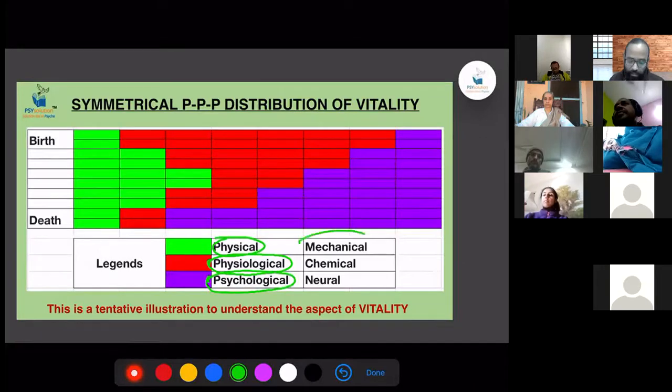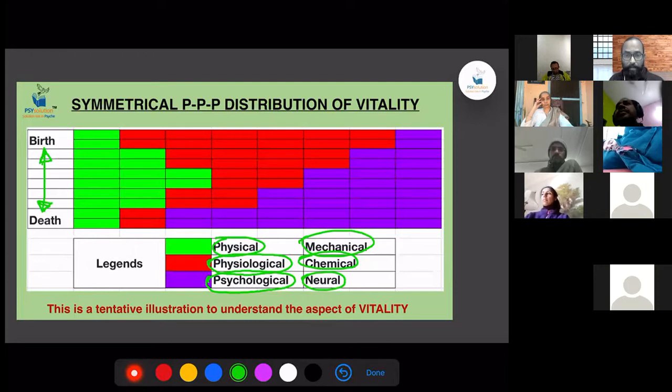In other words, mechanical, chemical, and neural. Now, in this image, from top to bottom is birth to death, and on the right side, the distribution of the vitality is illustrated tentatively.